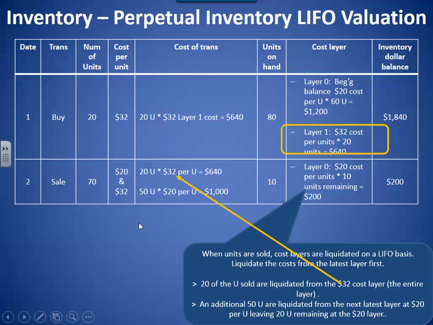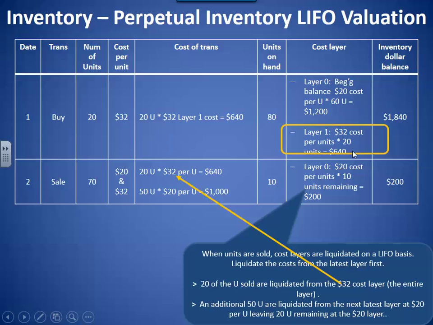To cost out the transaction, we take the latest layer that we added, and we liquidate that first. In this case, layer 1 was the last layer that we put in, so we liquidate that first. In this case, we had 20 units at $32 a unit.